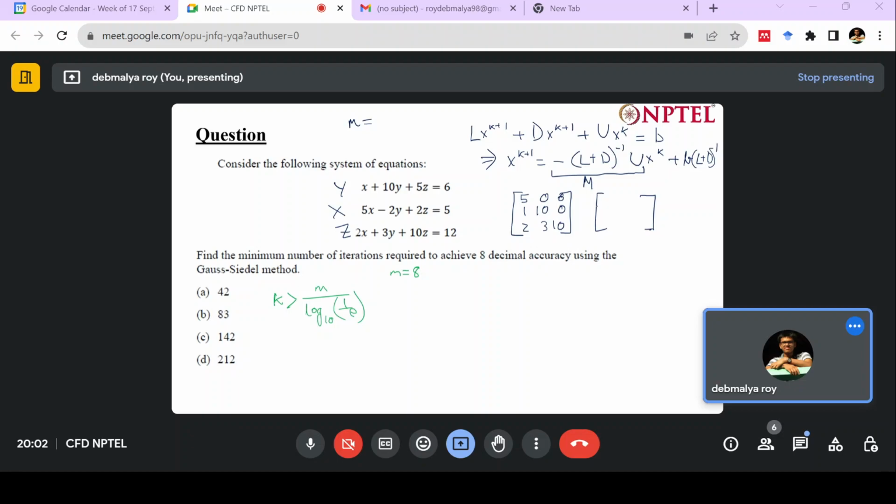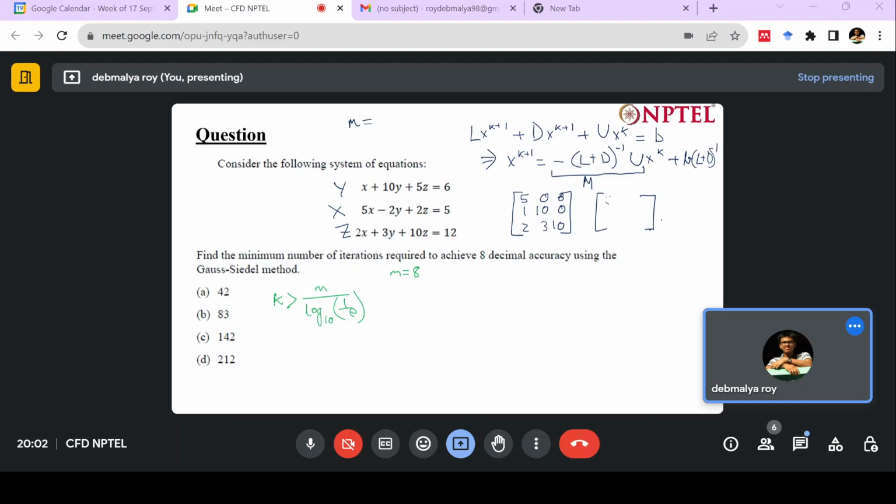So one thing about the inverse that you would all know is that if I multiply it with the inverse, I should get the identity matrix. So you can use that trick to find out the inverse very easily. So for example, in this particular row, you know that this is the diagonal.